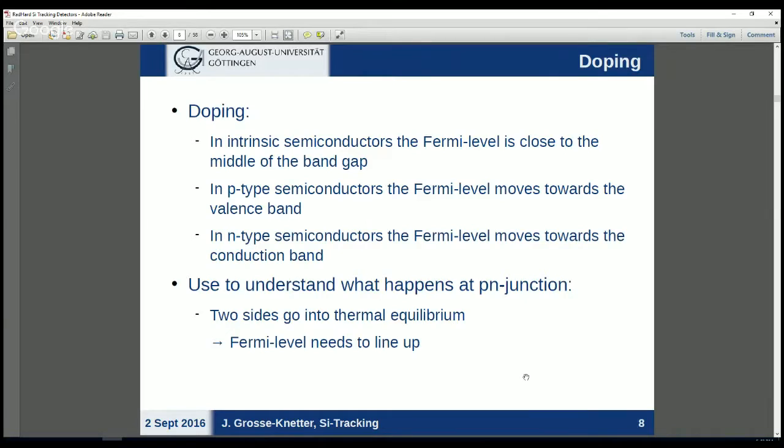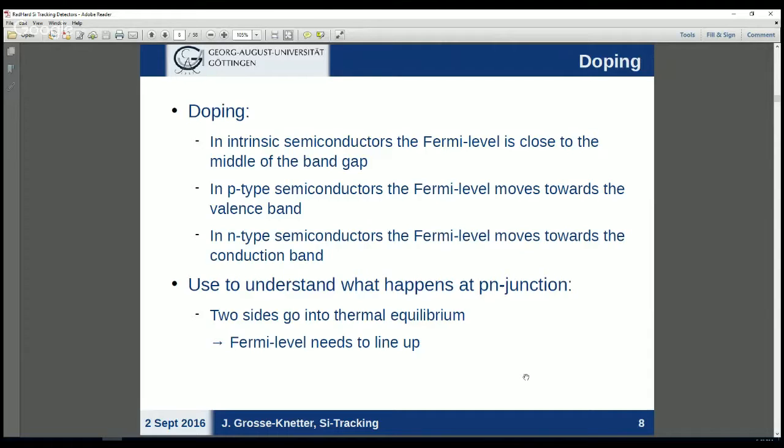Now, even though industry can make silicon in an unbelievably pure state, it's not entirely pure, and even so, at normal room temperatures at least, you have charge carriers in your silicon, which is undesirable because that's what we want to detect when it's created from an ionization process. Should not be there in the first place.